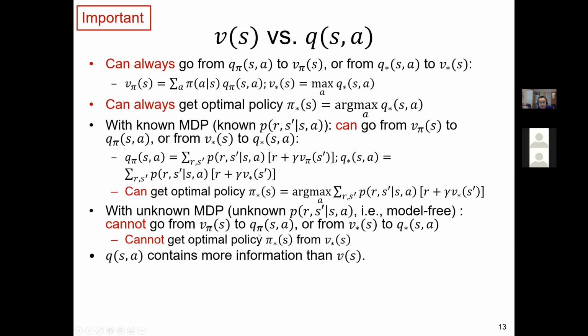With an unknown MDP, with unknown p, that is the model-free case, you cannot go from V to Q. You cannot get the optimal policy pi star from V star. So the Q function contains more information than the V function.